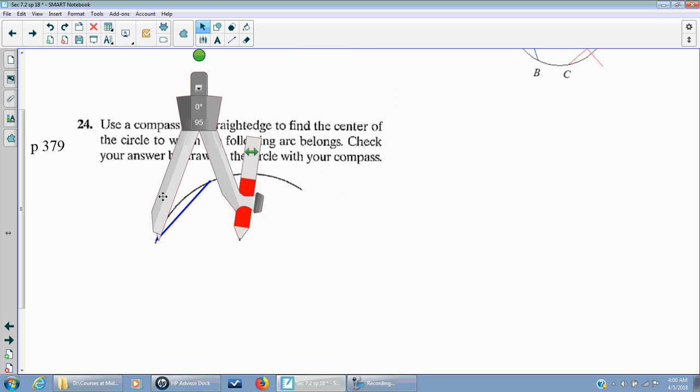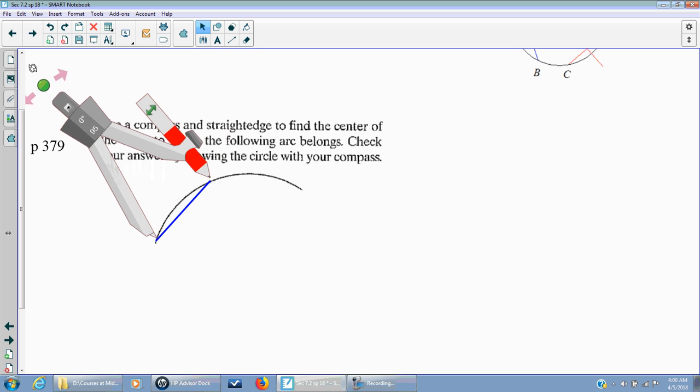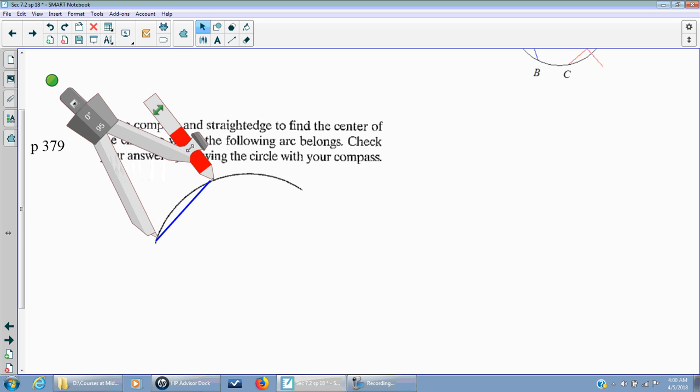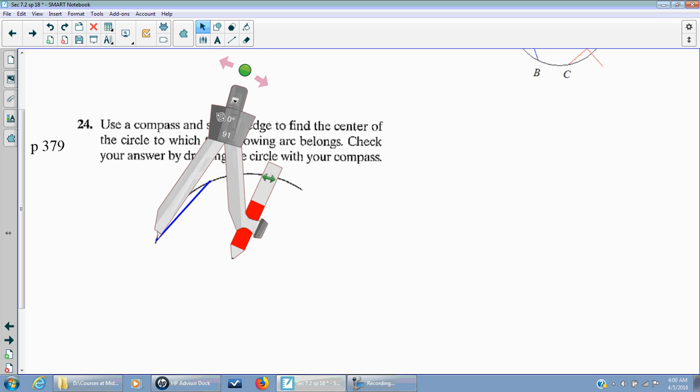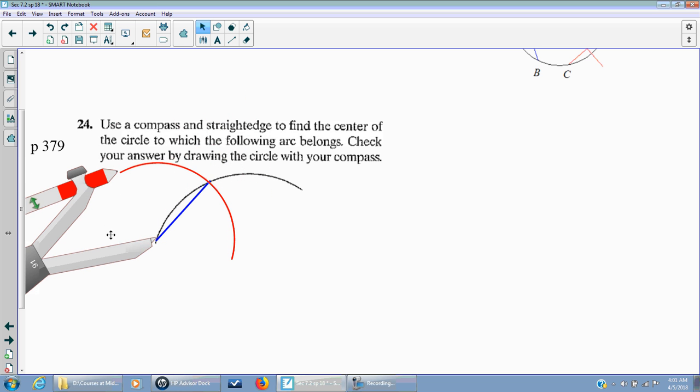I practiced this earlier and it actually worked a little bit. Okay, so you'll be able to do this a lot better on your own than I will. But what I need to do is construct a perpendicular bisector of this thing.